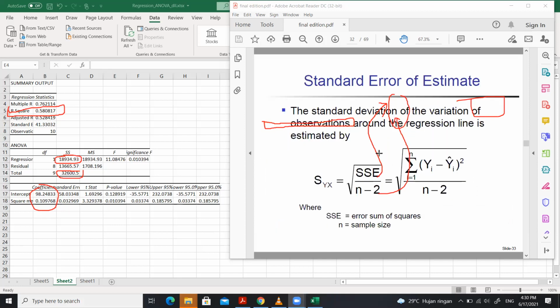And this is if you use mathematical expressions for computing the standard error of estimate. You can see here, this is SSE divided by n minus 2, where n is the sample size.